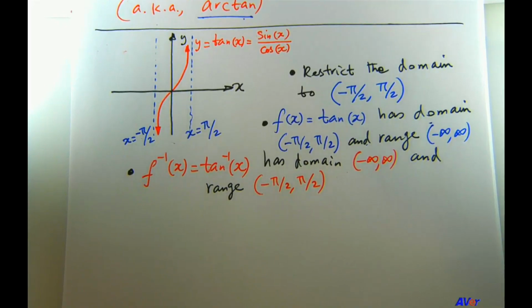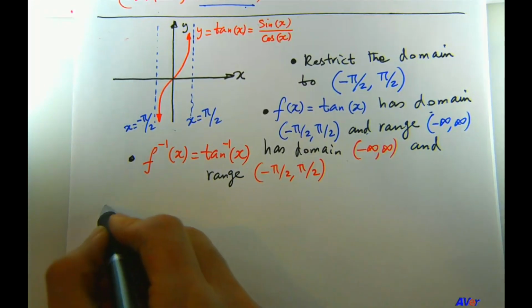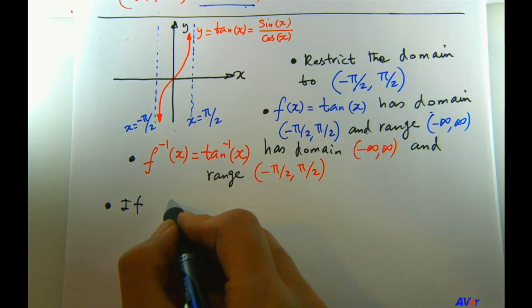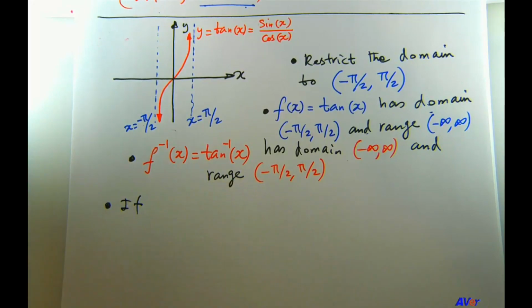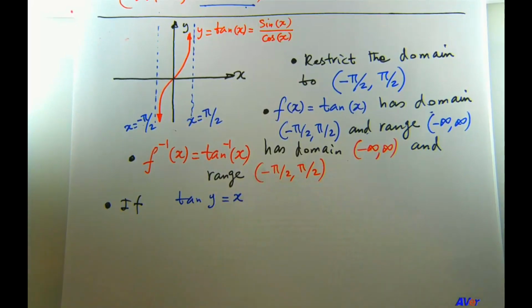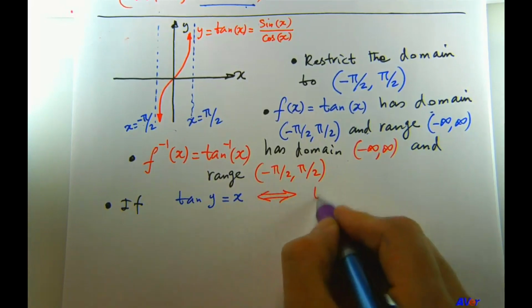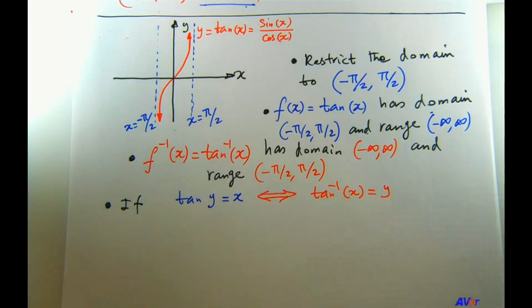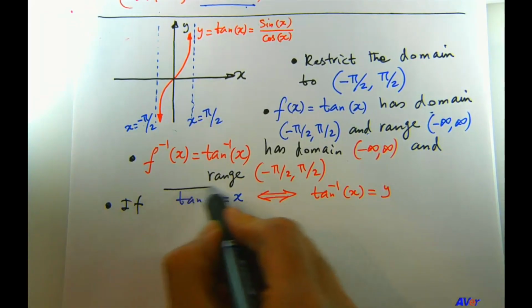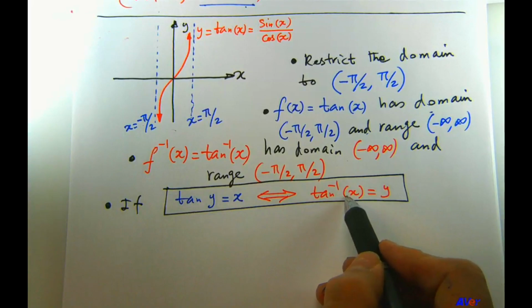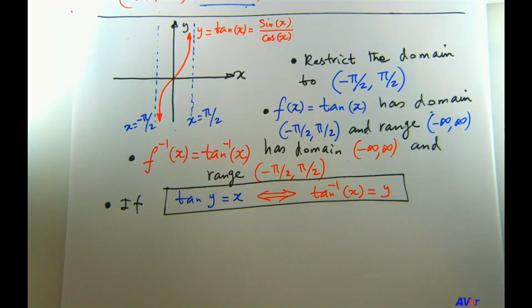All right, so then if we have tangent of y equals x, then inverse tangent of x equals y. This is very important, right? Like I said earlier, the inverse of any trigonometric function produces an angle.